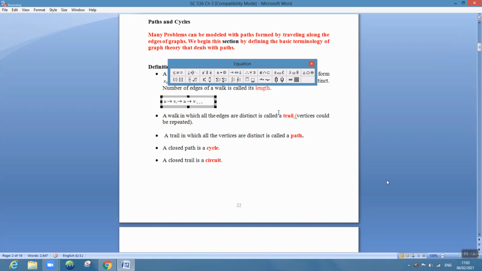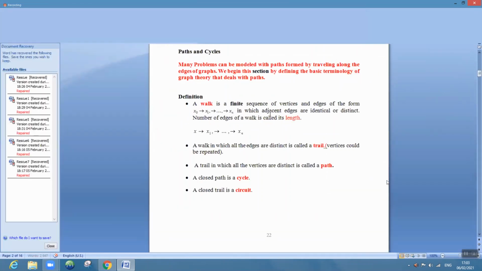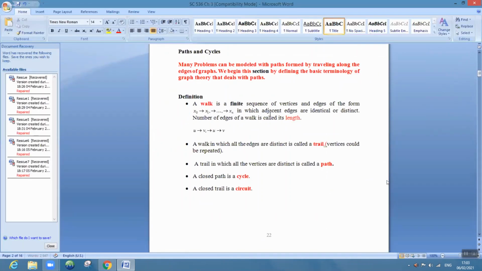U goes to V, goes to U, then goes to V. Here the same edge UV, VU, UV is repeated, and the vertices are repeated. UV and VU are the same edge. So the edges and vertices are repeated. Therefore this is called a walk. In a walk, both edges and vertices could be repeated.